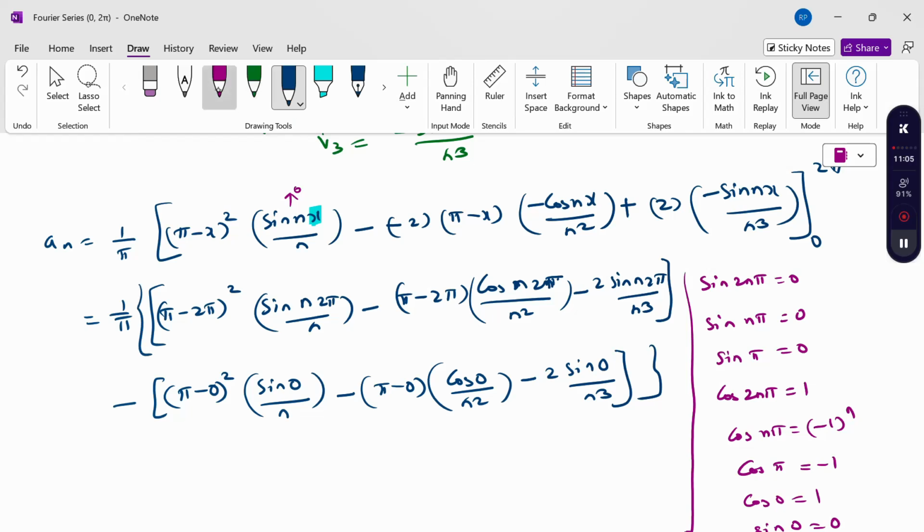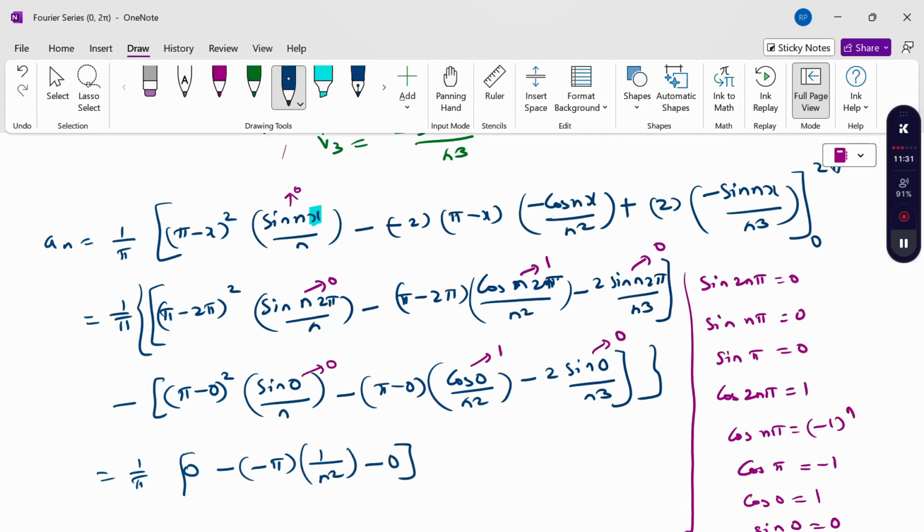So now this term, I think sin 2n pi is 0, cos 2n pi is 1, sin 2 pi is 0, then sin 0 is 0, cos 0 is 1, sin 0 is 0. So therefore this is a 1 pi, the first term is 0, minus minus pi 1 by n square, then minus 0.